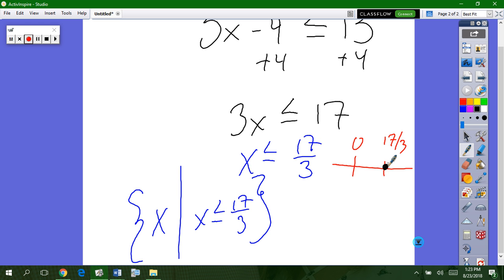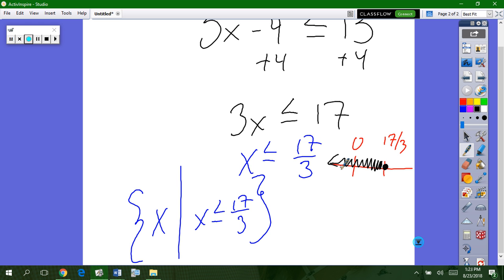Now, am I going to go to the left or to the right? We're going left because it is less than. So once again, we're going this way with an arrow. Now, the reason why I like interval notation is because we start at the lowest number and go to its highest number.